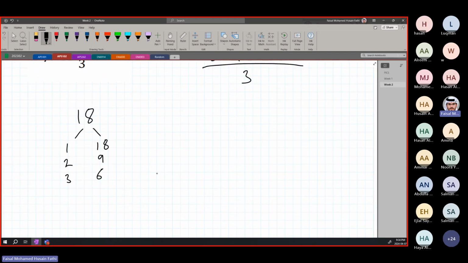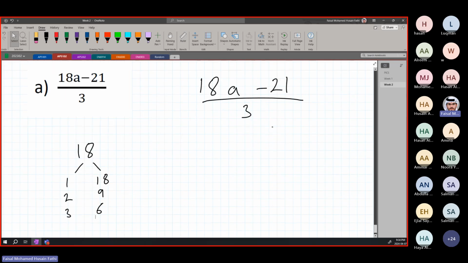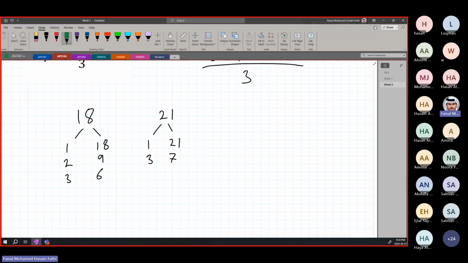Same for 21. It has these factors: 1 and 21, 2 we don't have, 3 we have, and 7, and that's it. So we notice what do we have in common? The common factor, meaning the 3. Okay? For the 18 we will be left with 6, and for the 21 we will be left with 7.